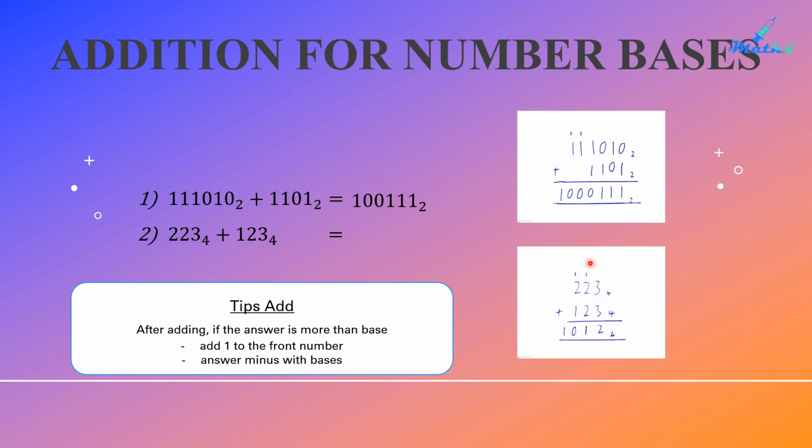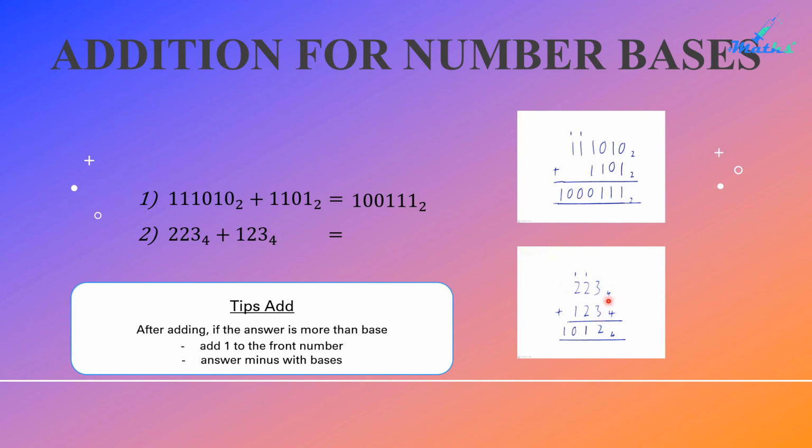Then 1 add 2, which means 5. If 5 is still more than the base number, you need to minus 4. 5 minus 4 is 1, so you put the answer 1 here, and increase 1 for the front number, and 1 plus 2 plus 1, you get 4. And 4 is equal to the base number.